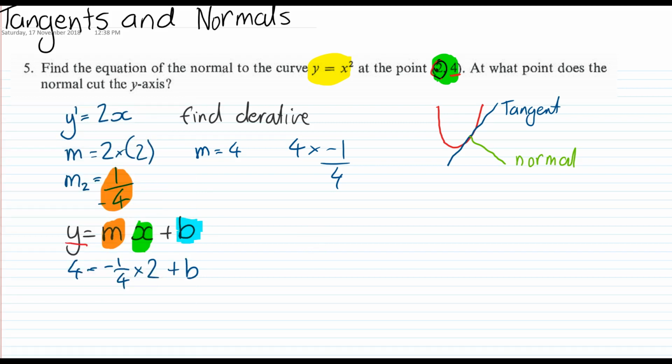So now we've got 4 equals minus 2 over 4, top times top, plus b.